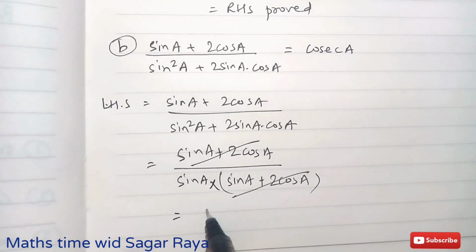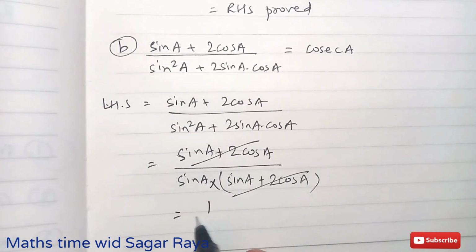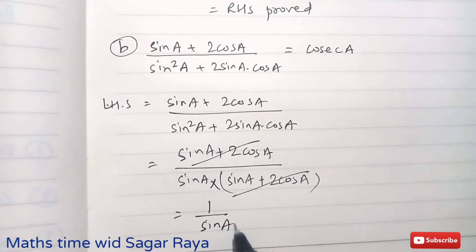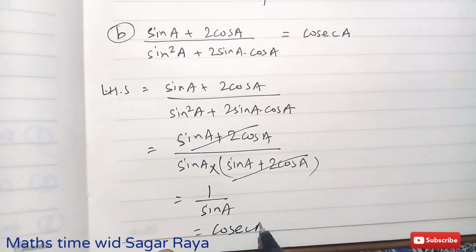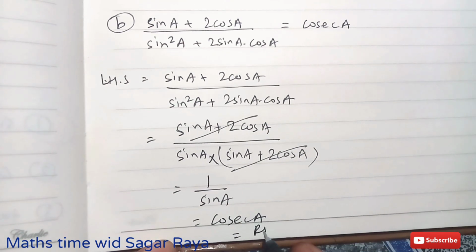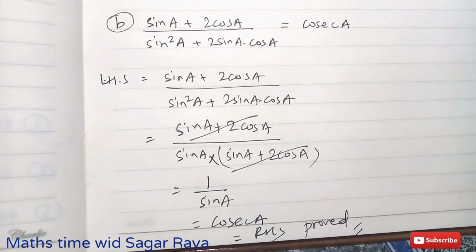Now what remains is 1 over sin A, and 1 by sin A means cosec A, which is equal to the RHS. Proved.